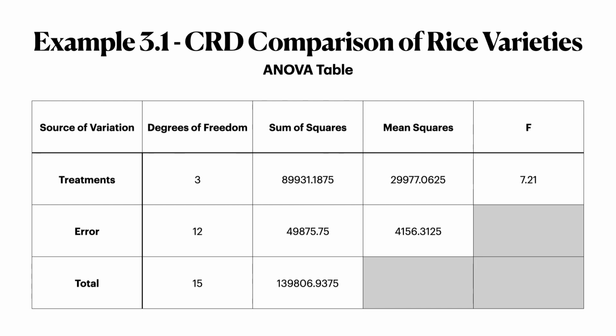And once we have the mean squares column, at least for this simple type of model, we get the F statistic by taking the ratio of 29,977.0625 and 4156.3125. So again, not only is this a convenient way to organize and present the results, but it's also a way to help us remember how to do some of these calculations.